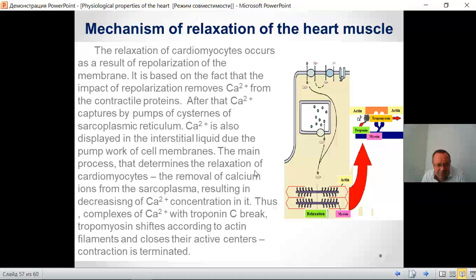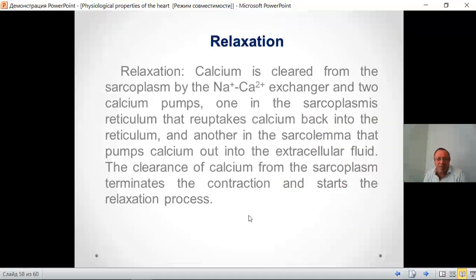resulting in a decrease of calcium ion concentration. Thus, the complexes of calcium ion with troponin C break, tropomyosin shifts along the actin filaments and closes the active center, and contraction is terminated. All this information you can see on this slide. Relaxation.